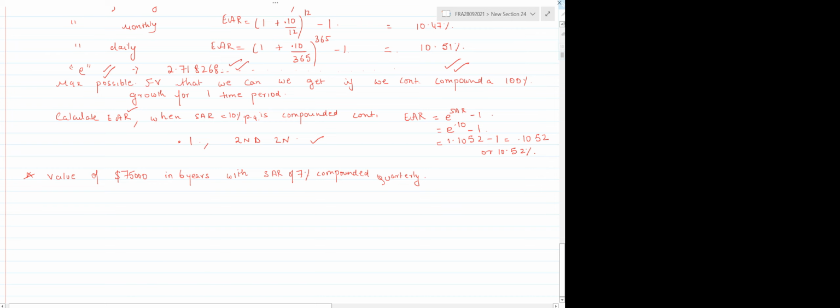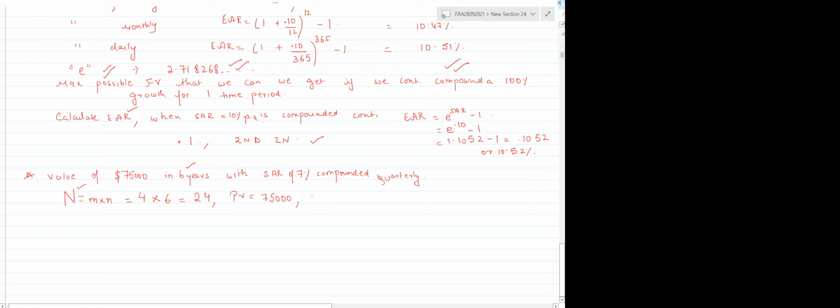On your calculator, Tejas, your capital N is M into N. What would be M? M is 4, because we are compounding 4 times in a year, quarterly. N is 6 years, so my capital N would be 4 into 6, 24. My PV is 75,000.